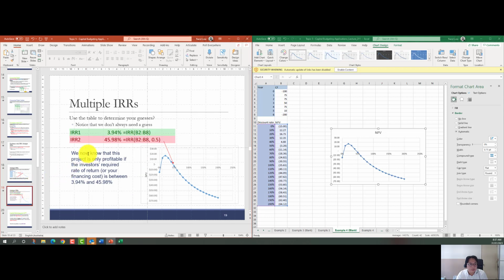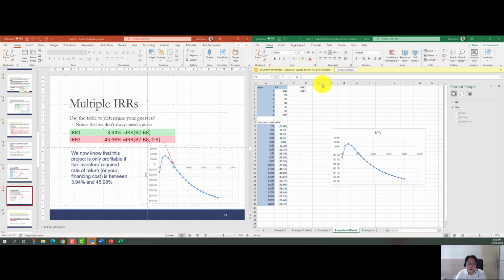So what happens over here is that we can actually use the IRR, which equals IRR of B2 to B8, right?